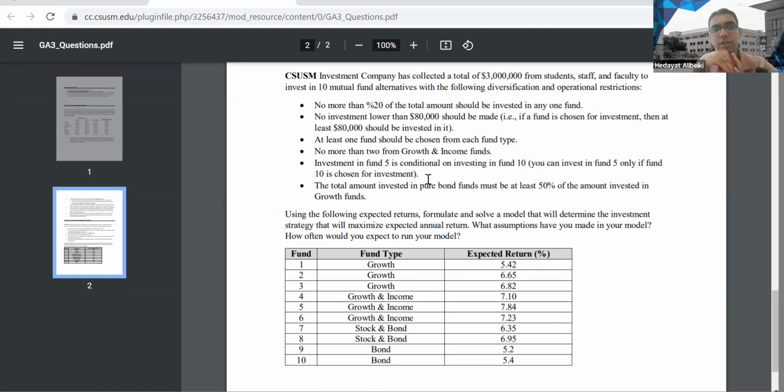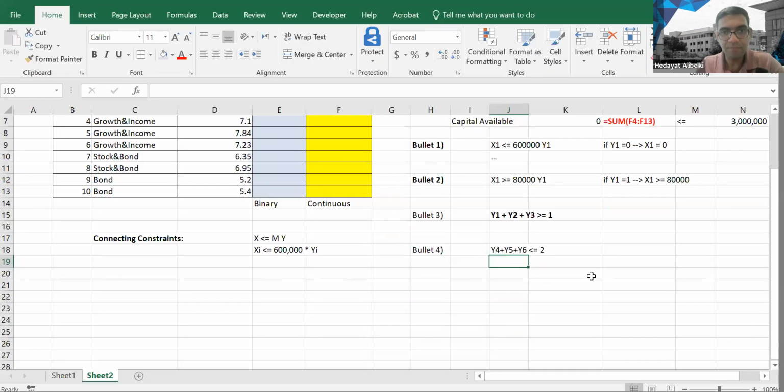One is conditional on the other one. Make sure to check the videos, guys. Make sure to carefully watch the videos and understand the different types of constraints. But here, what we want to have, let me just write it down somewhere else.